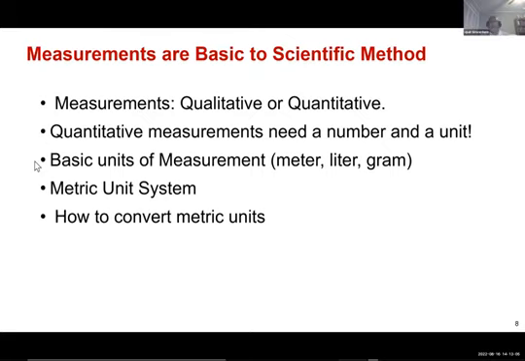Measurements are of two types. Measurements come from observation. The first kind is qualitative. The second kind is quantitative. Qualitative is a verbal description of an observation.